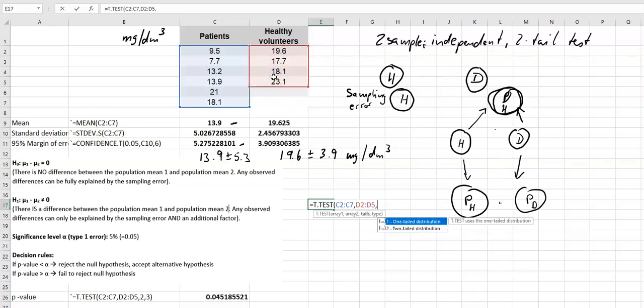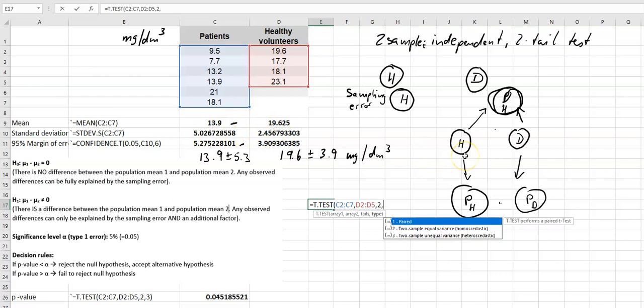comma. We want a two-tailed test. The alternative hypothesis only says they are different from each other. We don't specify whether one is bigger or the other, so that's why it's a two-tailed test. And we assume that both samples have a different variance, a different standard deviation, and we know that they are different because we can calculate the standard deviations here and here.